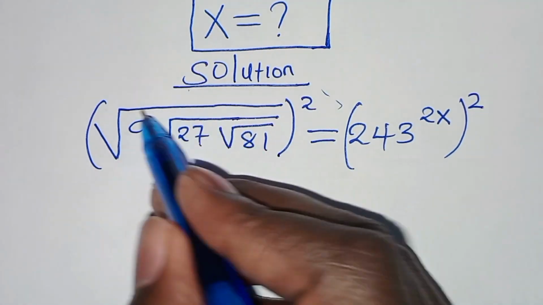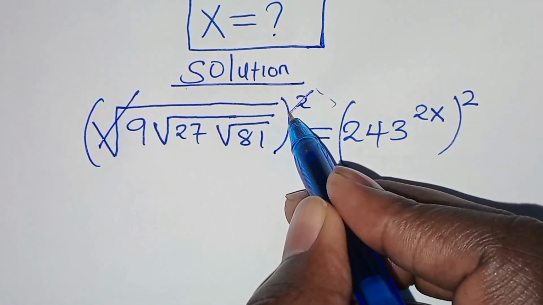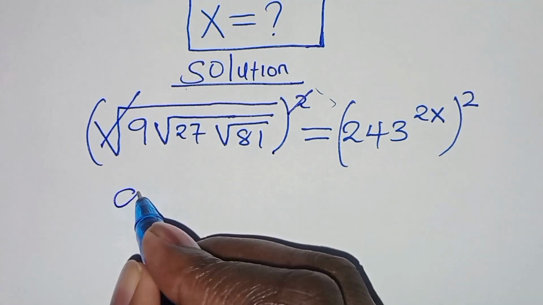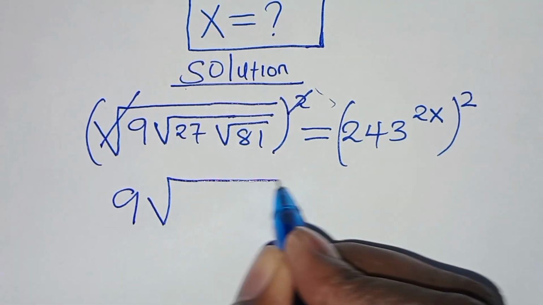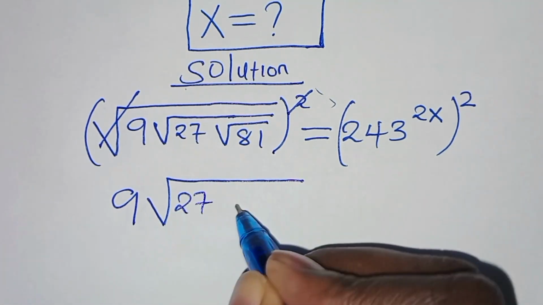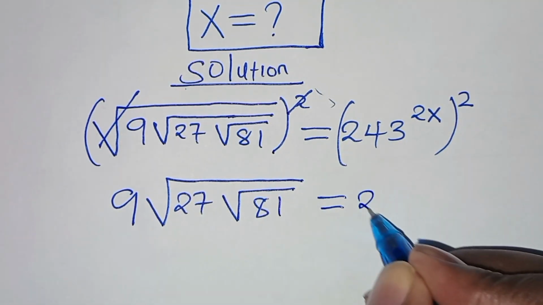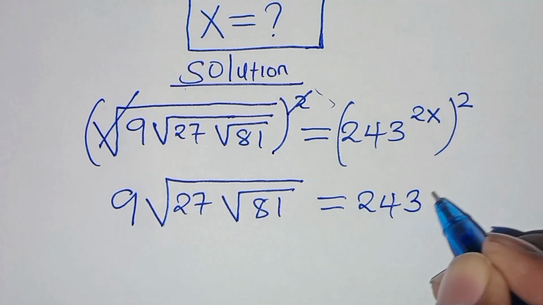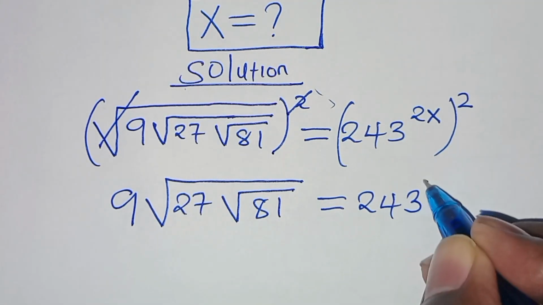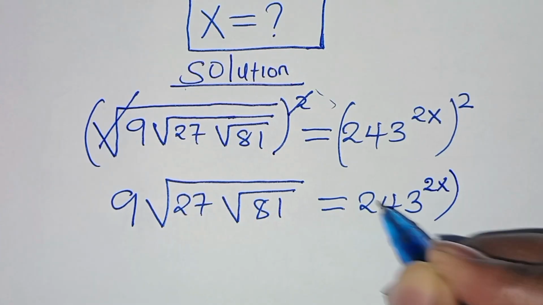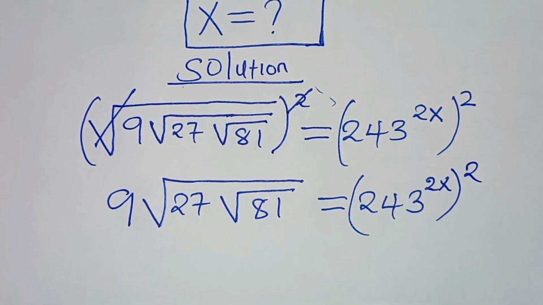So in this case, we are going to eliminate the first square root sign, so that here we have 9 multiplying by square root of 27 multiplied by square root of 81. This is equal to 243 raised to power 2x, raised to power 2.